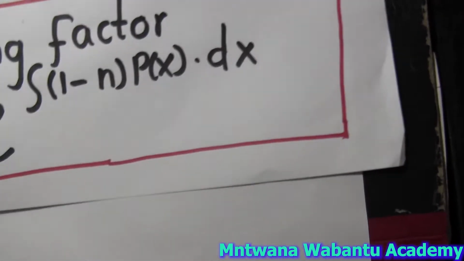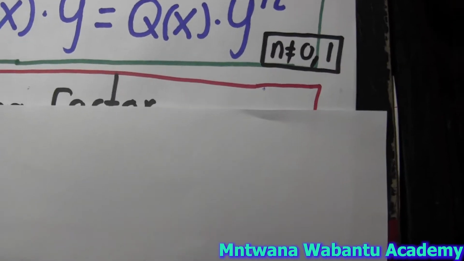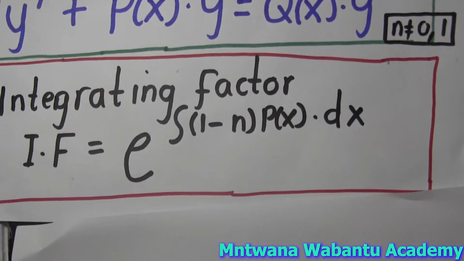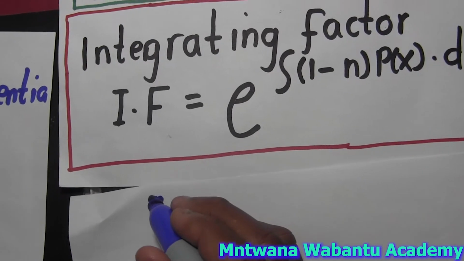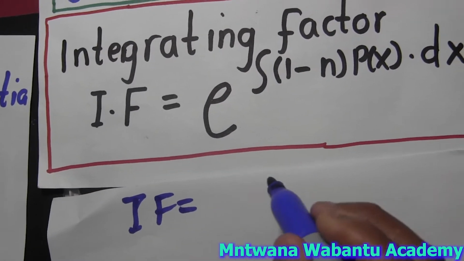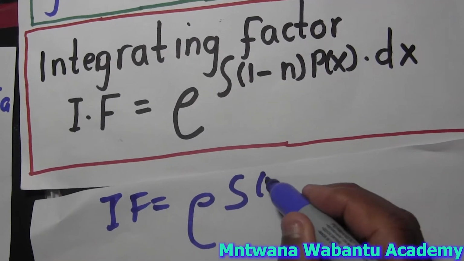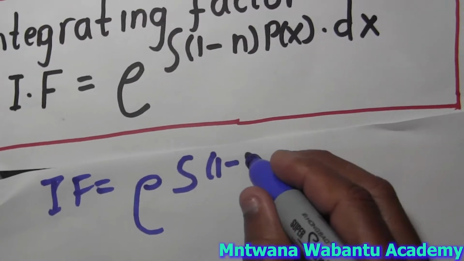How we get the integration factor is easy. According to the formula, the integration factor equals e to the integral of 1 minus n, and what is n for this case? n equal to 3, so 1 minus 3.